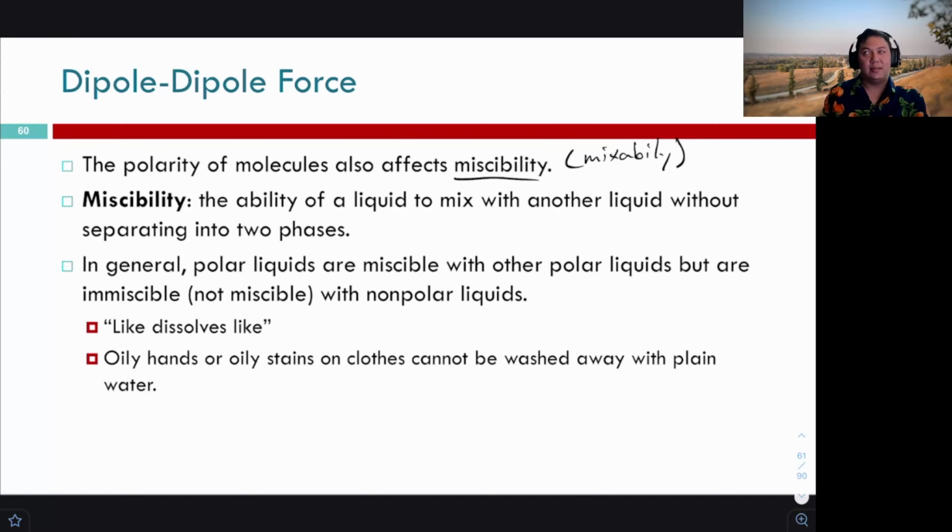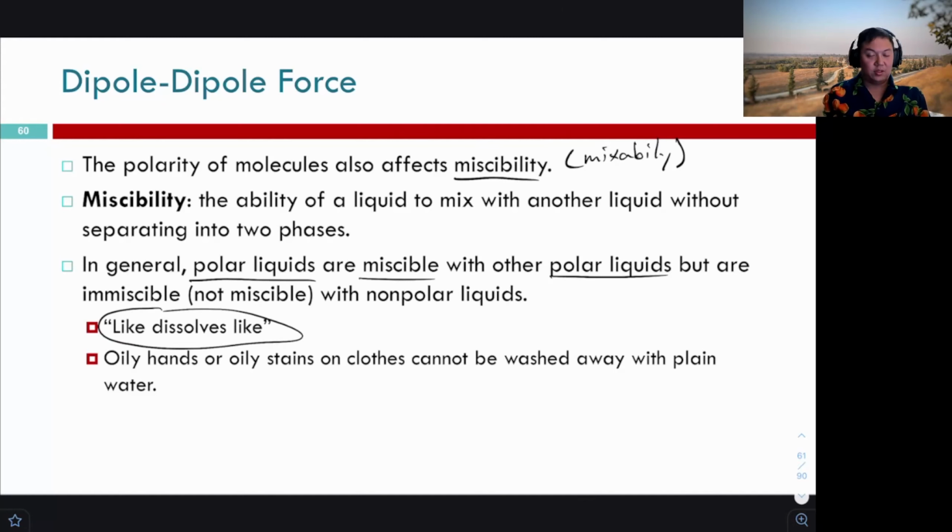So it's kind of like simple syrup, or one of those squirt bottle mixes, those are miscible liquids. And generally speaking, polar liquids are miscible with other polar liquids, but they are immiscible, or not miscible, with nonpolar liquids.